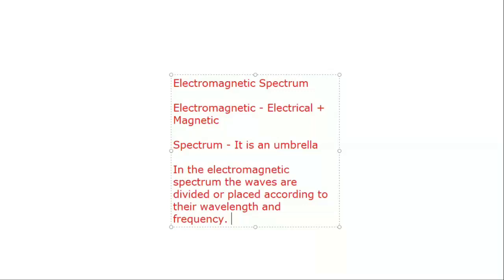So this means a specific bandwidth, wavelength and frequency is given to every wave, every energy having electrical and magnetic properties. Please keep this in mind because this is a very important topic for first year BPT students.